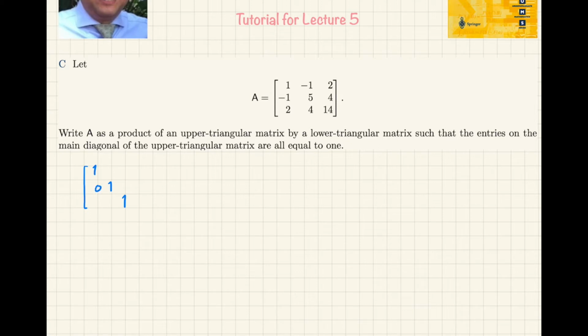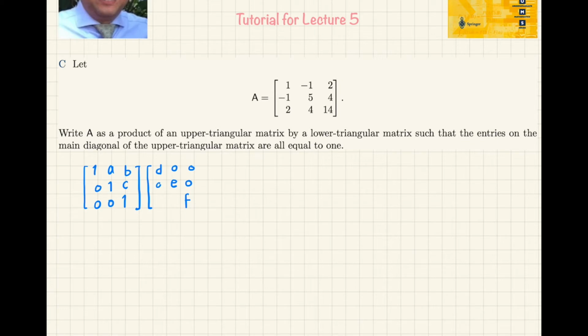So the entries below the main diagonal should be equal to 0, because this is going to be an upper triangular matrix, and other entries we don't know, so let me call them A, B, and C. I am supposed to multiply this by a lower triangular matrix, but we don't know the entries, so let me call the entries D, E, and F. Because it is going to be lower triangular, it means that any entry above the main diagonal should be 0.